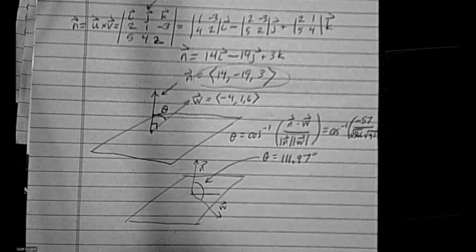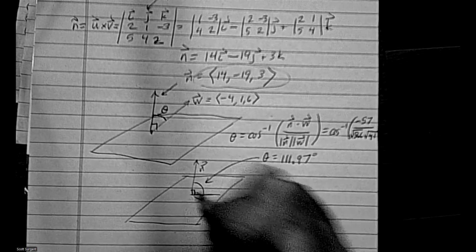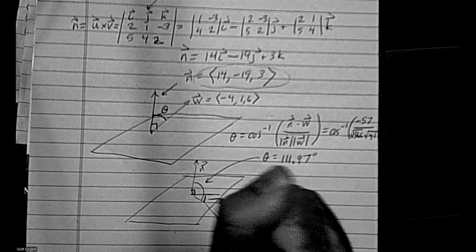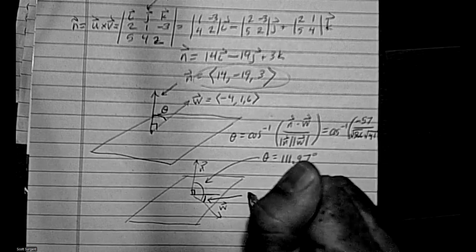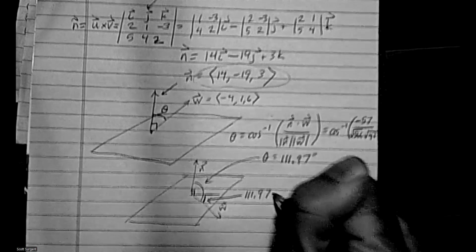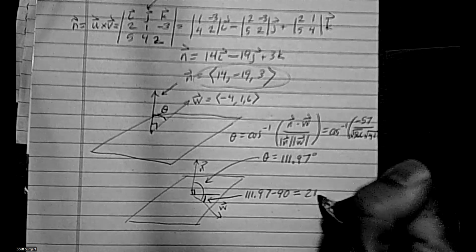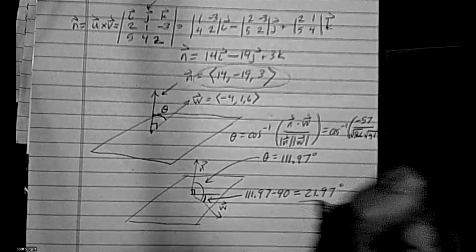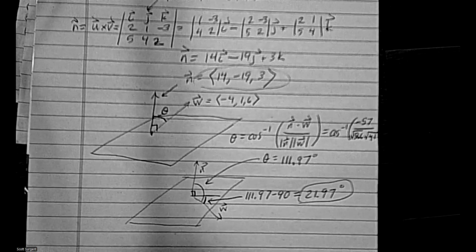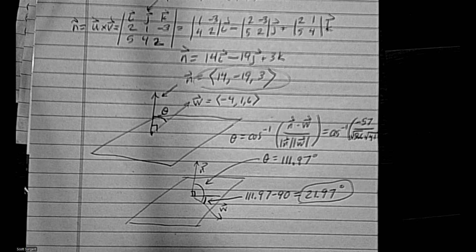Well, we know that the n vector is at 90 degrees to the plane, so I just take the difference, and that's the answer. 111.97 take away 90 is 21.97. I'll admit, there's a lot of visualization going on here. I don't know any easier way to do that.